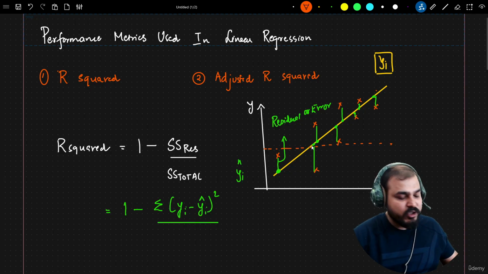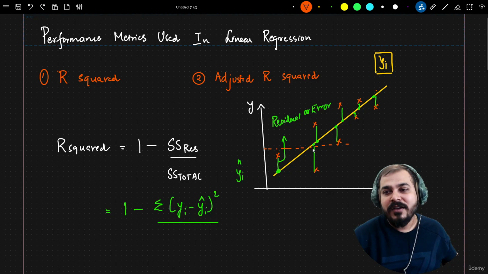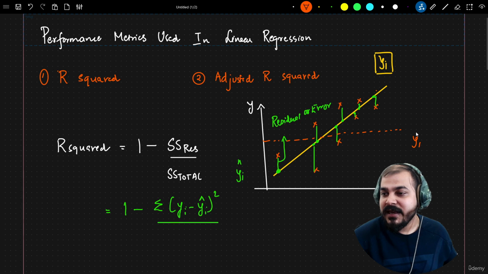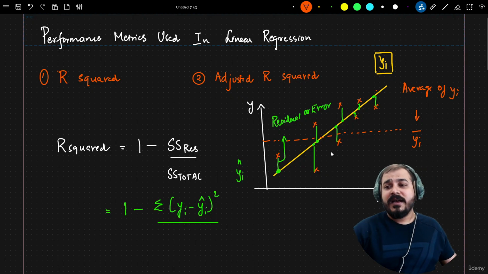I'm taking all the y of i points and calculating their average. So this is nothing but the average of the true points, that is, the average of all the y of i.